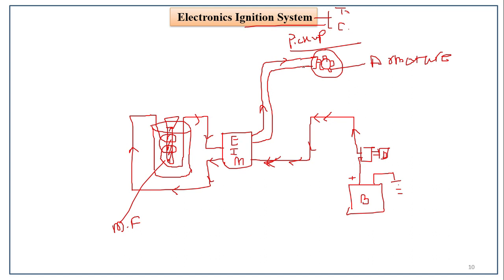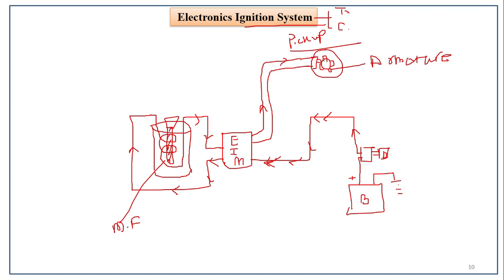Now what will happen, with the help of this pickup point, when this metal electrode and this metal electrode come in front of each other, then only will current flow.